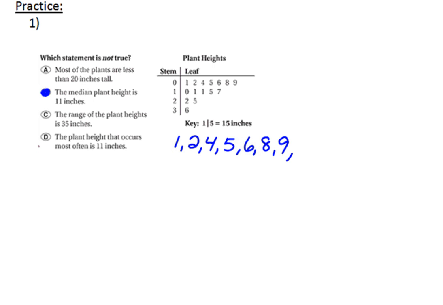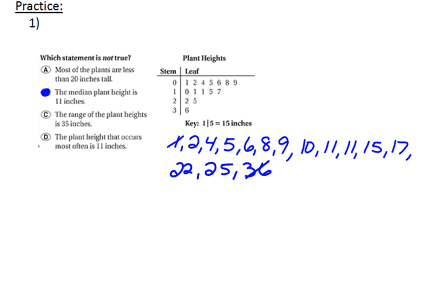Now the next stem has a 1, so that 1 goes in front of all the leaves: 10, 11, 11, 15, 17, 22, 25, and 36. And then you can sit and cancel it out this way if that helps you. You will still get 10 as your median.